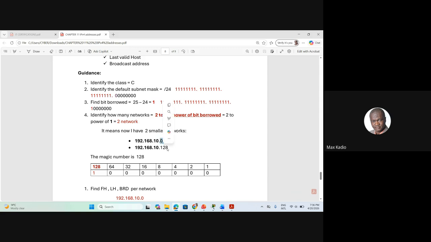To find the next one, you do the magic number. You take this table and put it in your table here, and you can see that the first one from the right falls in 1 to 8. It means I do 0 plus 1 to 8, and I get my 2 networks.